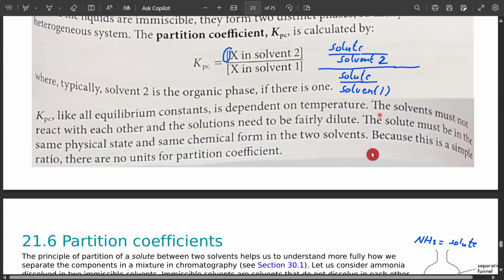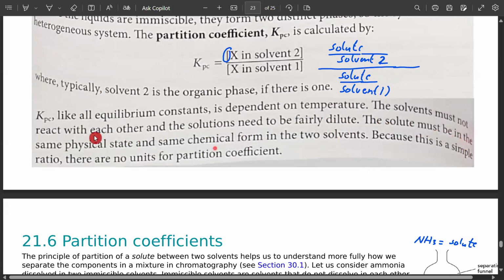The other conditions for the solvents are that the solvents must not react with each other, and the solution needs to be fairly dilute. The solvents 1 and 2 should be inert towards each other. They should not react with each other, and they are also considered to be very dilute. What about the solute?